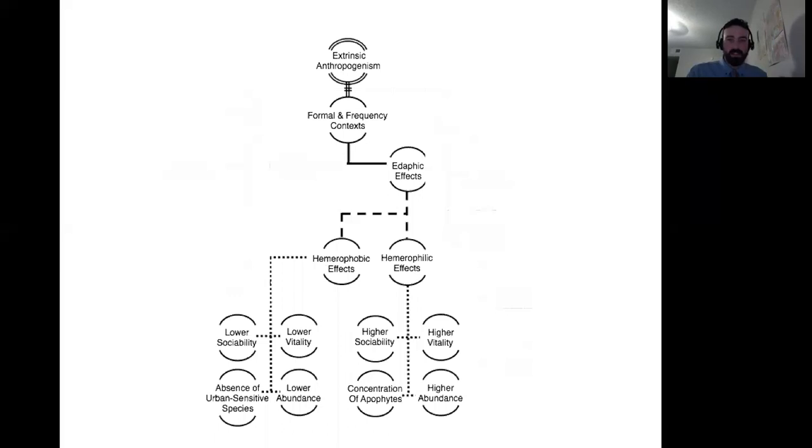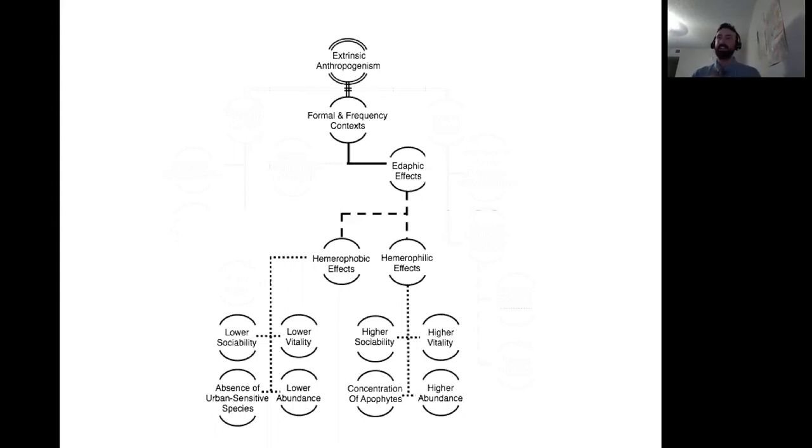I guess I should explain here then what sociability and vitality are. These are qualitative categories used by phytosociologists. Sociability is how we describe, there's a scale of 5, to describe how colonized that plant is or how sparse it is in relation to one another.